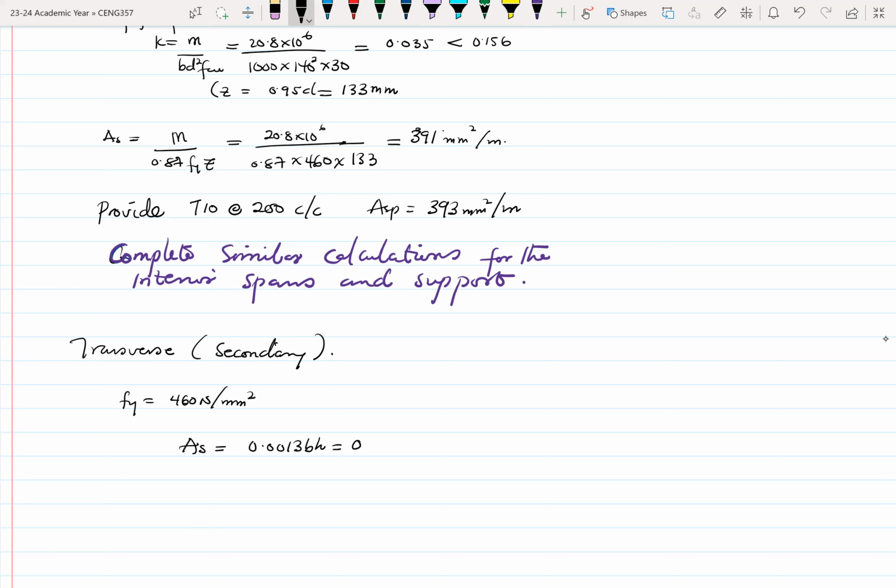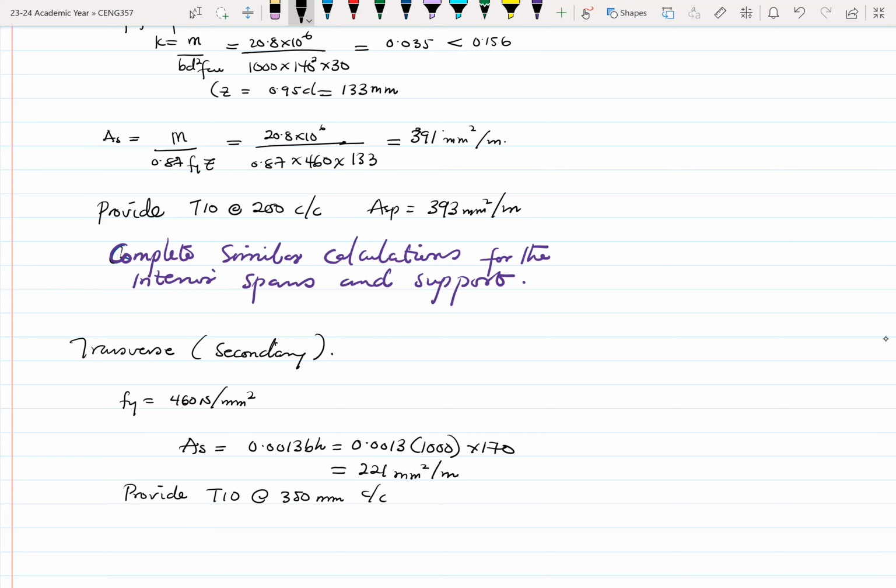So 0.0013 times a b of 1,000 times an h of 170. This should give us 221 millimeter squared per meter. So going back to the spacing table and then the area table, we provide T10 at a spacing of, let's say, 350 millimeters centers.